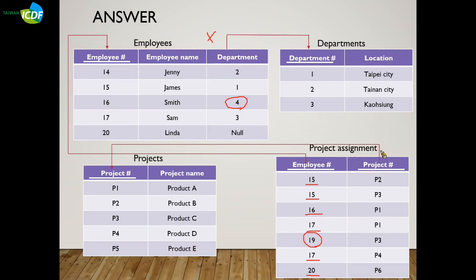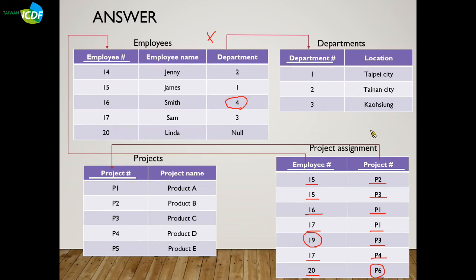And now let's check another foreign key, project number. Here we can find P2, P3, P1, and P4. These numbers can be found on the primary key of projects, but P6 cannot reference the corresponding values on the keys of projects.